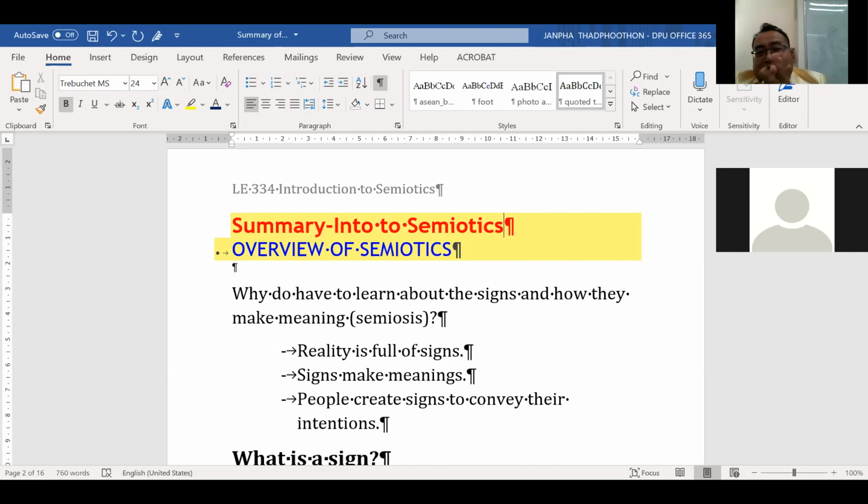So semiotics is a way to understand the world through science, through our interpretation of science.